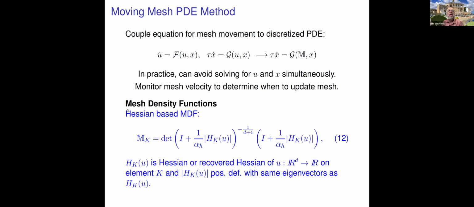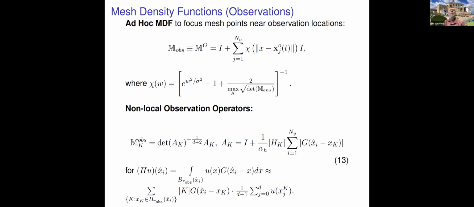So this Hessian-based mesh density function is a widely used one in the numerical PDE meshing literature. It's based on a recovered Hessian, it depends on having a scalar field U, and it's based on minimizing an L2 interpolation error. An ad hoc mesh density function we've employed to focus mesh points near observation locations is the following.